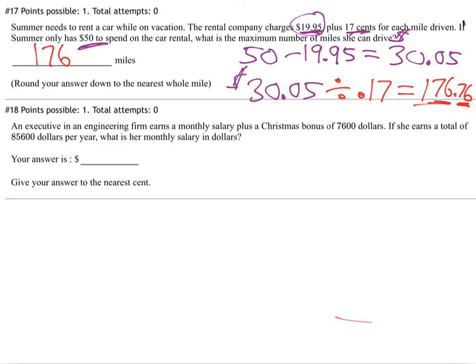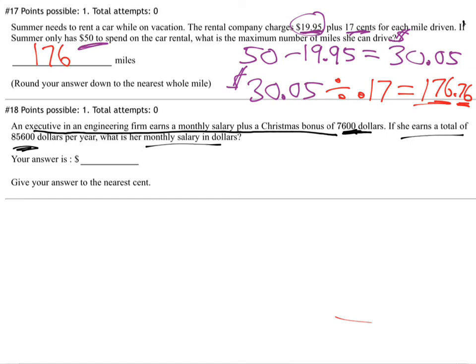Same thing on 18. An executive engineering firm earns a monthly salary plus a Christmas bonus of $7,600. If she earns a total of $85,600 per year, what is her monthly salary in dollars?